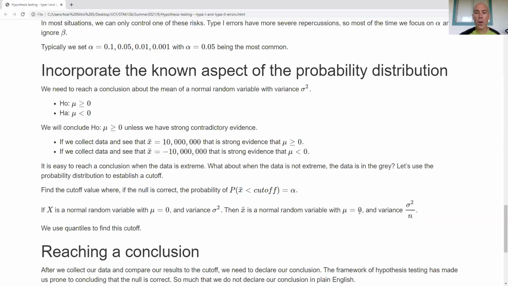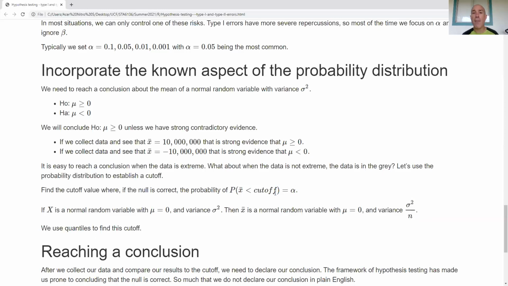So I'm going to take the normal distribution with population average of 0. The variance is going to be sigma squared divided by the number of observations in my data. Now I have a probability distribution. I'm going to use quantiles to figure out what that cutoff is right here.